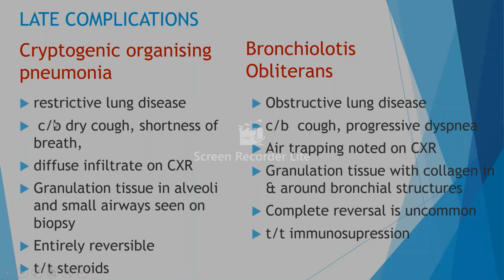Cryptogenic organizing pneumonia is completely reversible, while complete reversal is yet to be known in bronchiolitis. Treatment is steroids for the cryptogenic one, while we have to achieve immunosuppression to decrease bronchiolitis obliterans.